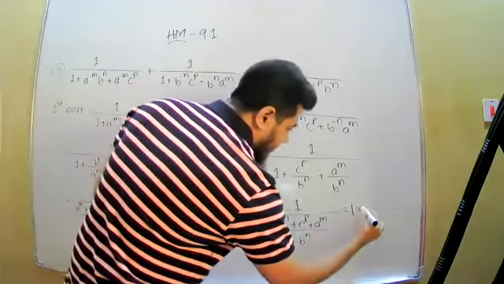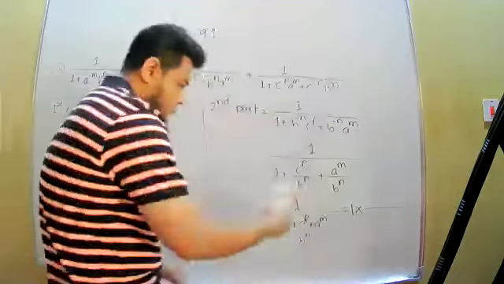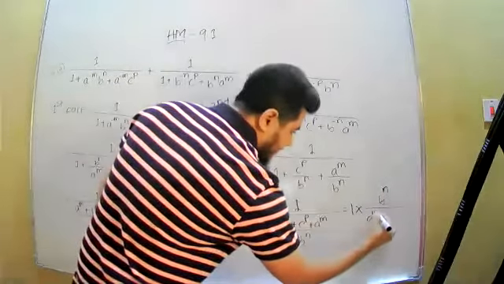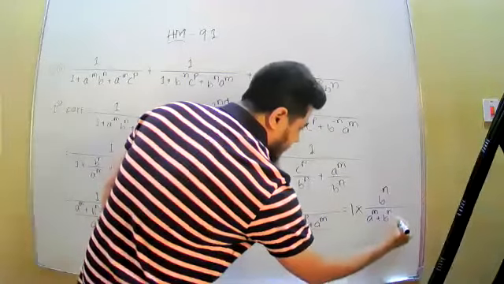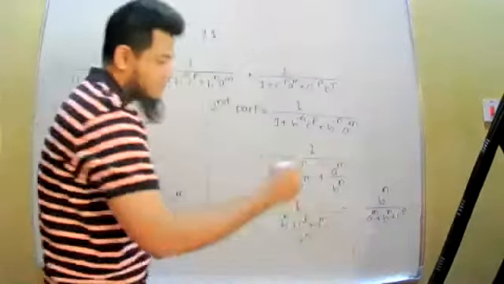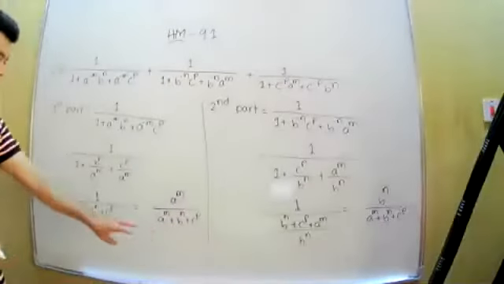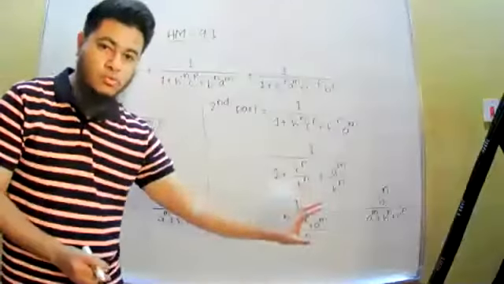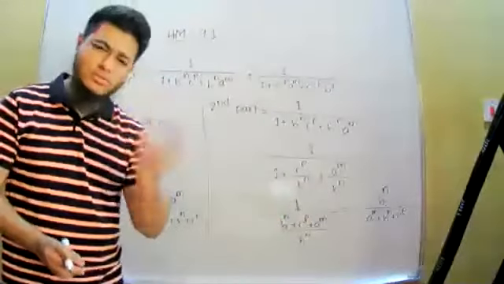And this one can be written as 1 into b to the power n divided by e to the power m. I can write it first. Let us maintain a serial: b to the power n plus e to the power p. Now into 1 actually doesn't bring any changes. So first part and second part, I have showed you similar process.